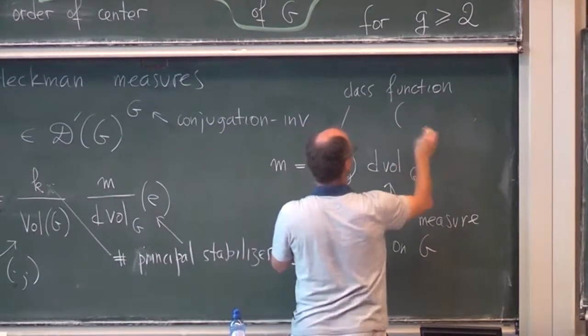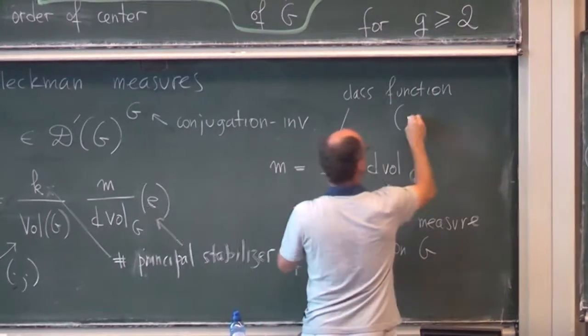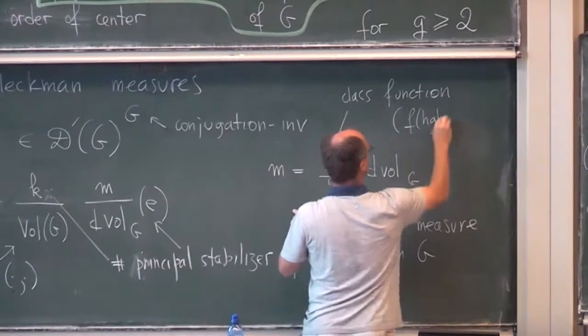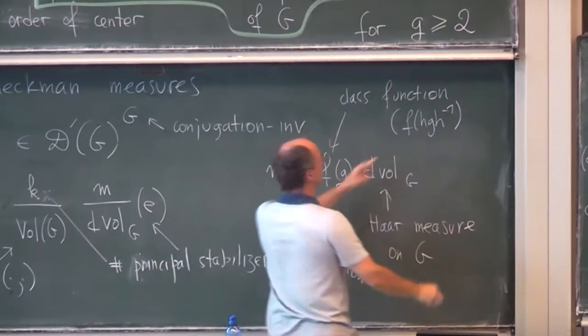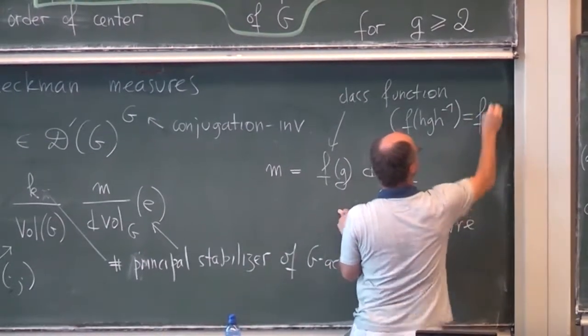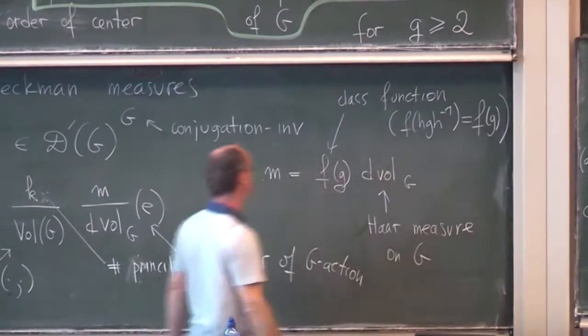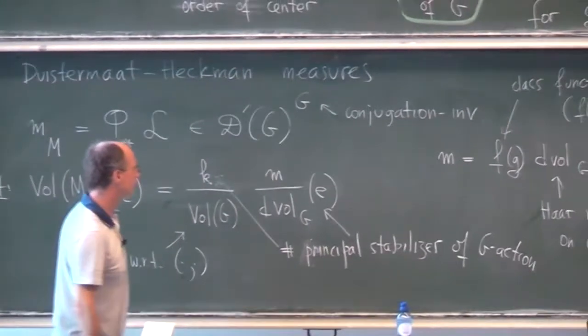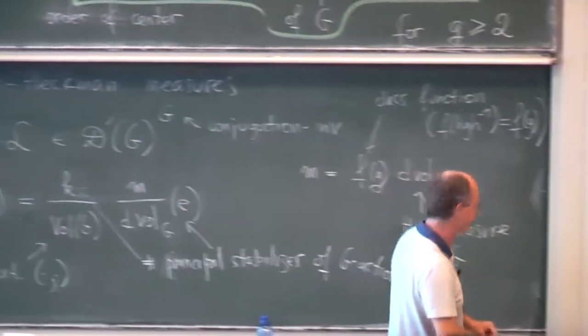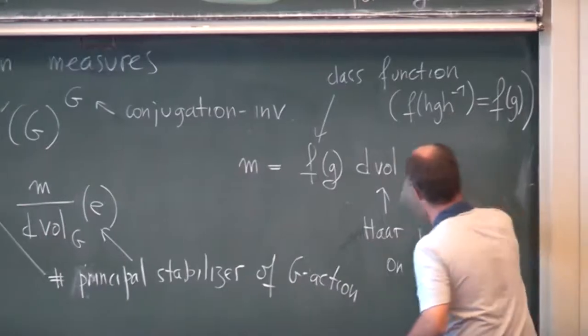So the function has a property that f of the conjugated argument is equal to f of the original argument. So that's why one can actually use the theory of characters to represent it.